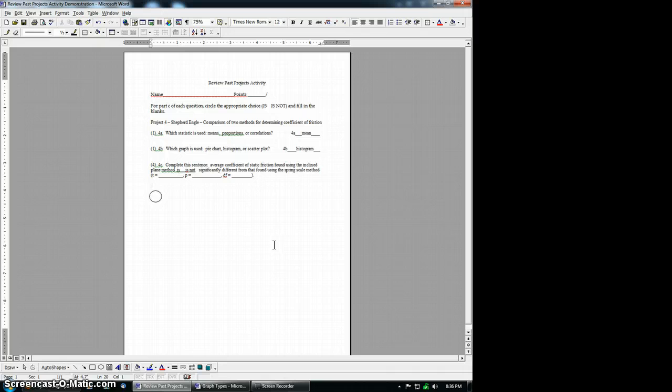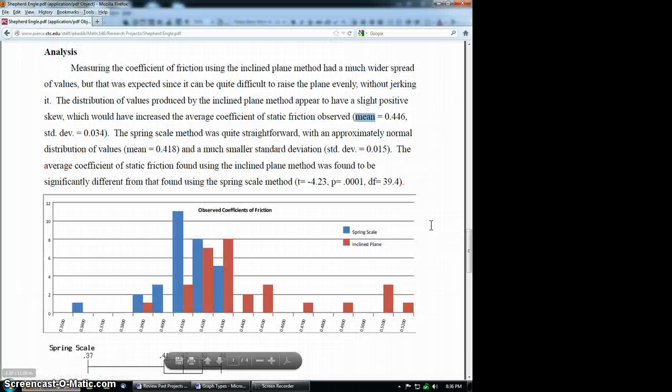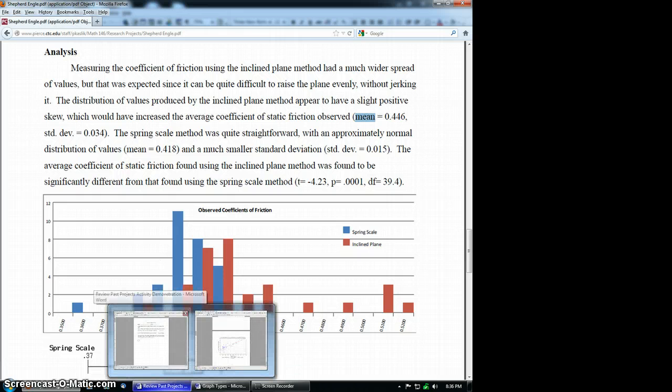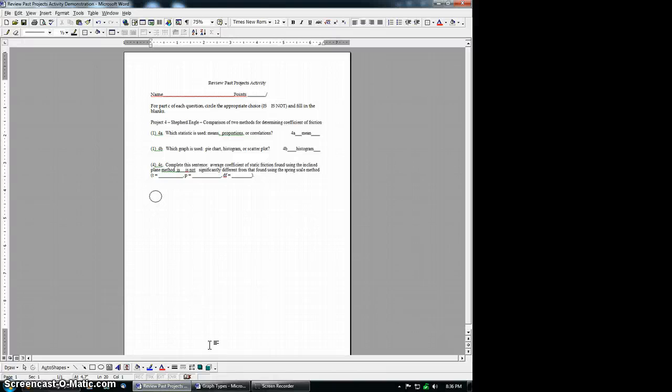You will see this on different tests. You've got to remember to circle which one is appropriate. So in this case, when we read the sentence, the average coefficient of static friction found using the inclined plane method was found to be significantly different. So that means it is significant. So we're going to circle the word is.